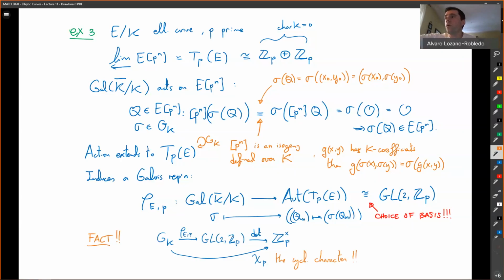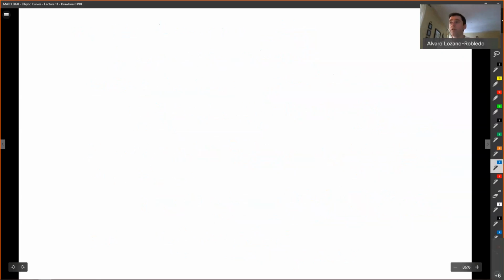Very good. So what is the Tate module good for? Let me give you a bunch of results about the Tate module, just to show that it's good for something. For example, the Tate module can be used to study isogenies.